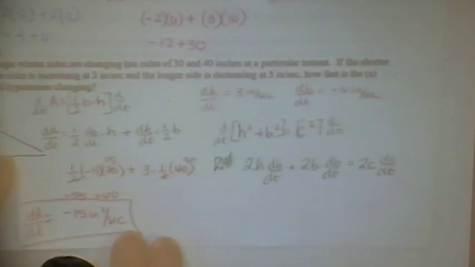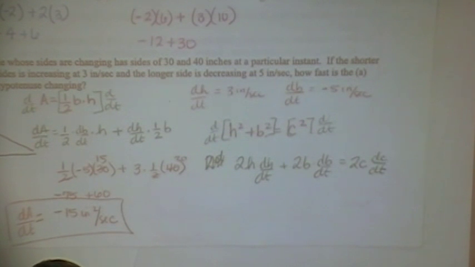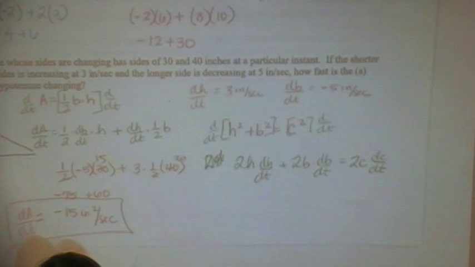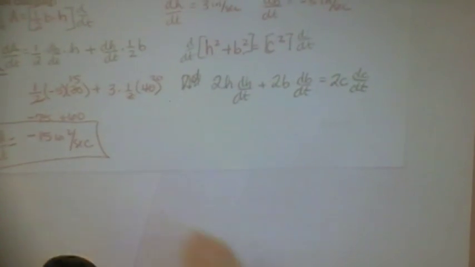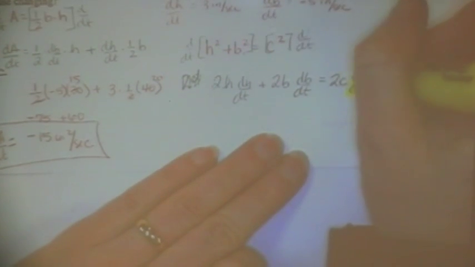So I get 2h dh dt plus 2b db dt equals 2c dc dt. Plug in what you know, and you should be able to solve. I am solving this time. I'm looking for the change in the hypotenuse, so I'm solving for dc dt.